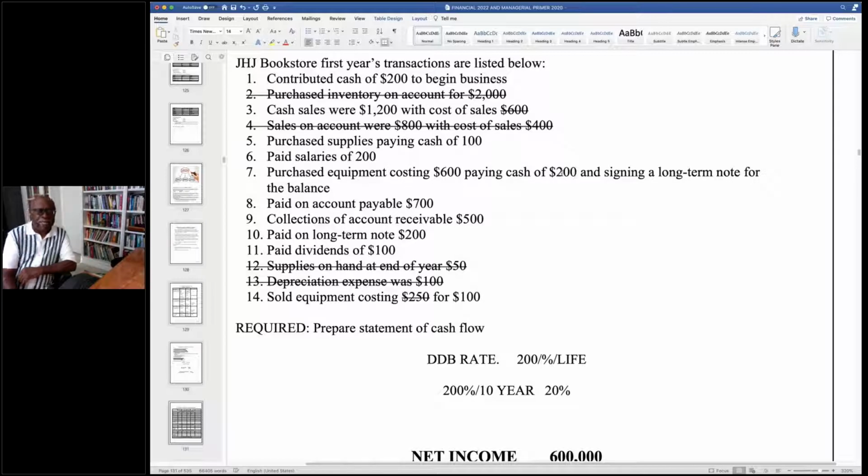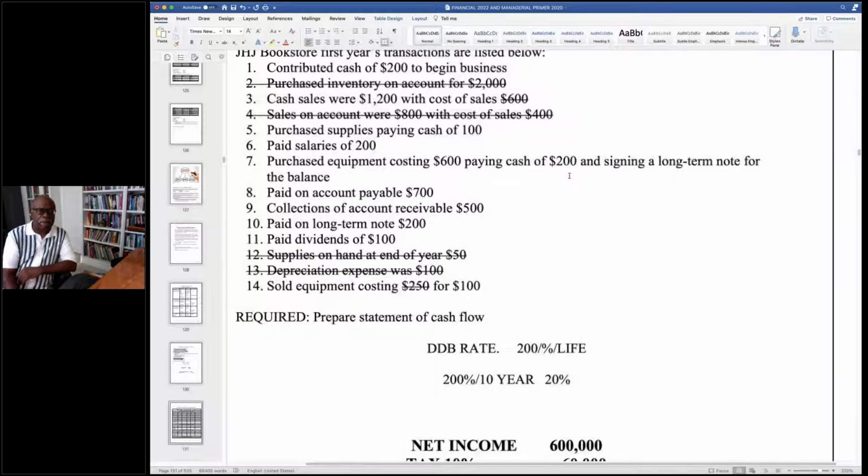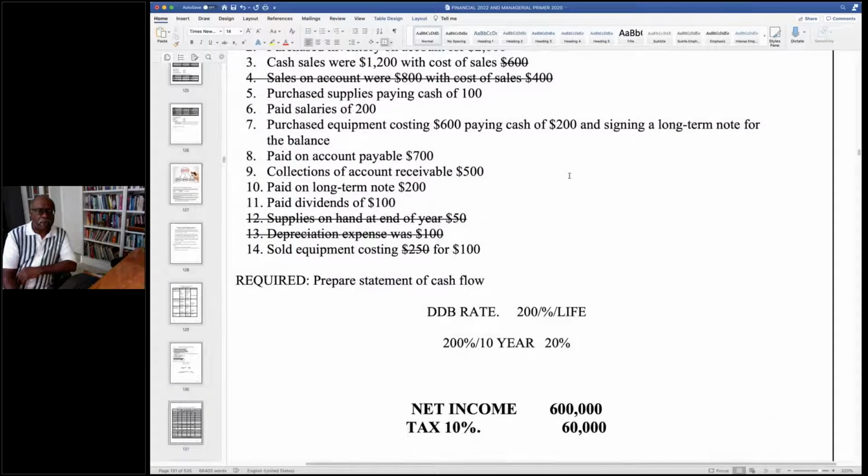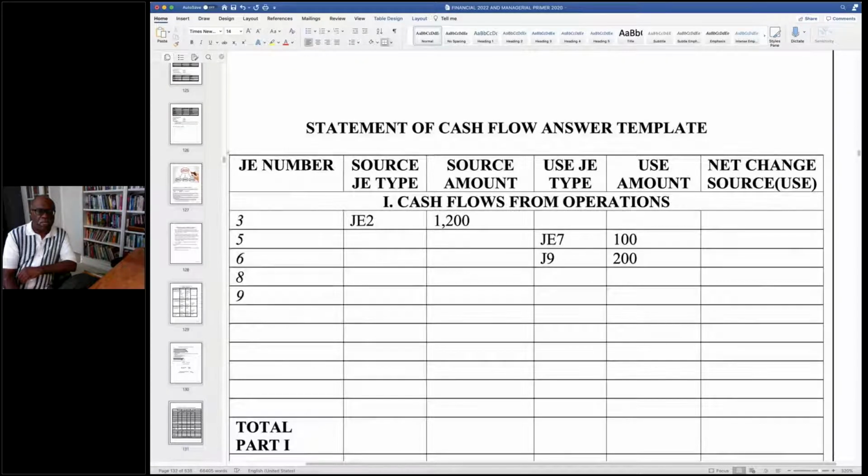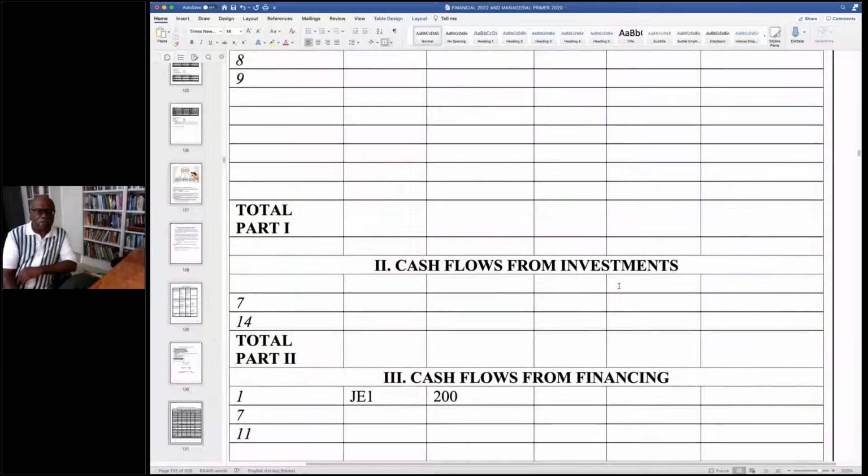So we get back to the cash that was 200. So 600 for the JE7, the long-term asset.